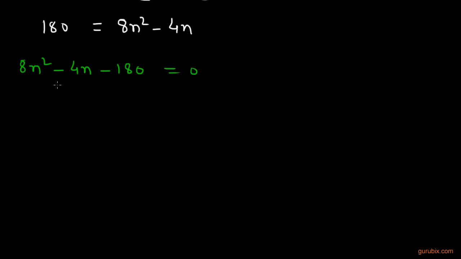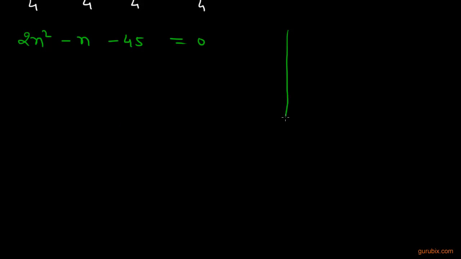And what do we observe here? We observe that we can divide all the terms of this quadratic equation by 4. And what we get? We get 2n square minus n minus 45 equals 0. Now we shall factorize this quadratic equation by the method of factorizing the middle term.